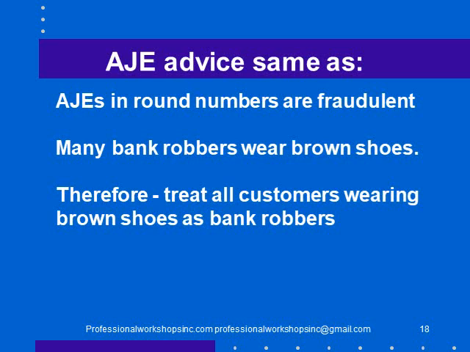And based on that, you issued instruction, treat all customers wearing brown shoes as bank robbers. That's as silly as saying treat all journal entries in round numbers as fraudulent. Doesn't work. Often fraudulent journal entries are in round numbers, but the opposite isn't necessarily true. Journal entries in round numbers are fraudulent.